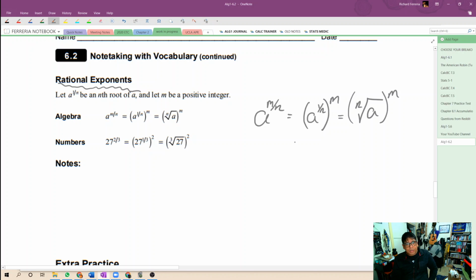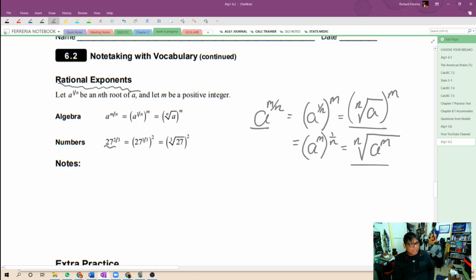The other way to do this is to say a to the m power to the 1 over n power, which is equal to the nth root of a to the m. All of these are equivalent. This equals this equals this. So it usually doesn't matter what order you do them in.